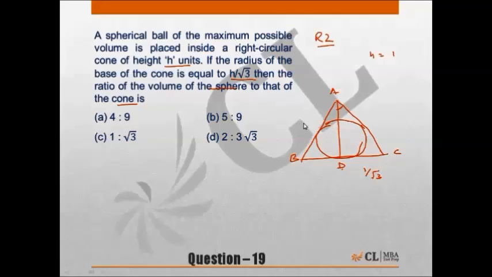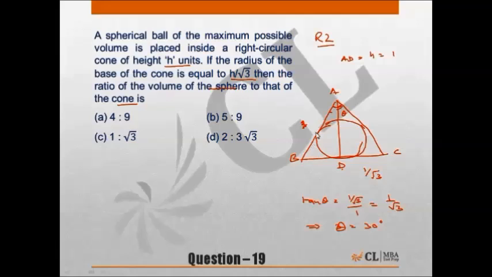The height AD is equal to 1. Now for this angle theta, tan theta is the opposite side upon the base, which is equal to 1 upon root 3, which implies theta is equal to 30 degrees, or in other words, this complete angle will be equal to 60 degrees. This angle is 60 degrees.